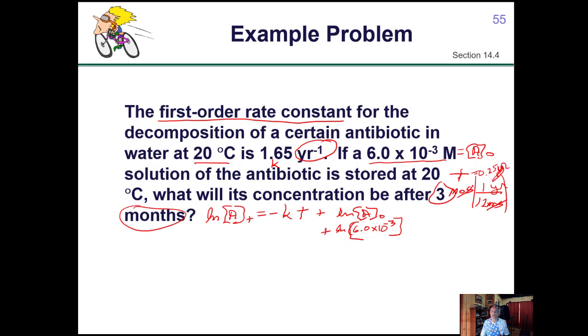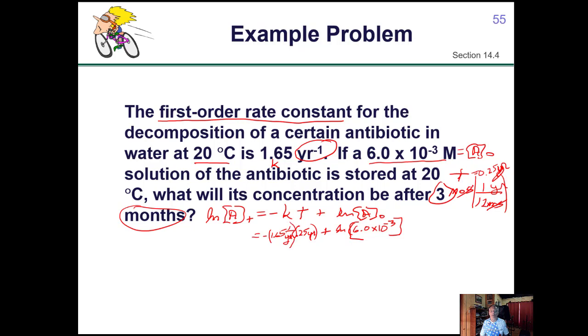It's a quarter of a year, 3 months. So we can go ahead and put that time right here, 0.25 years. And then finally, we've got minus, and we're given 1.65, and that's going to be 1 over years.